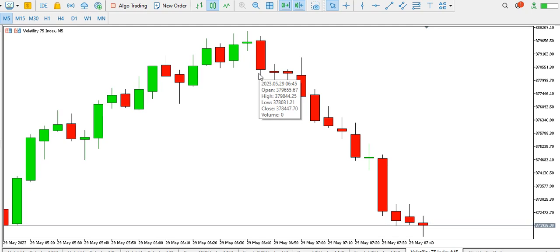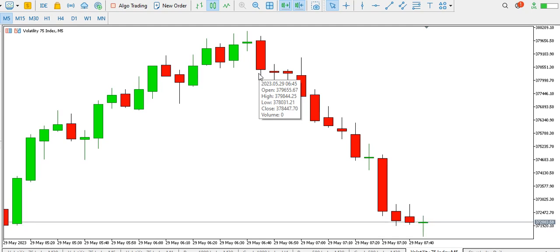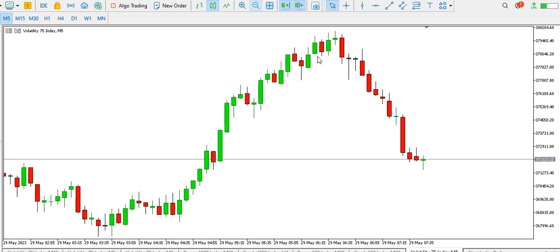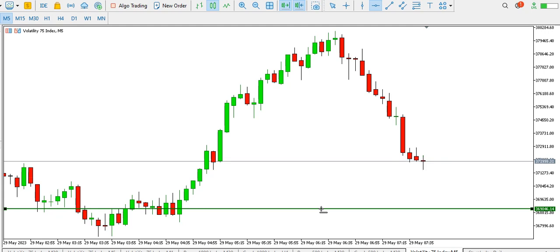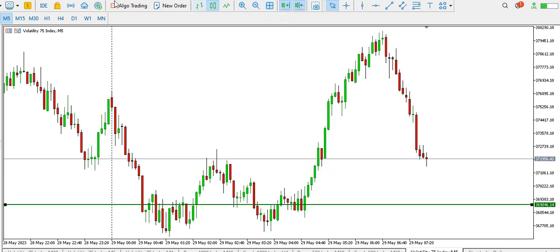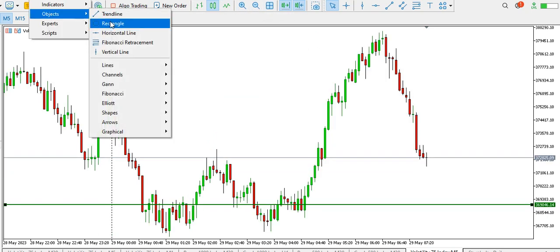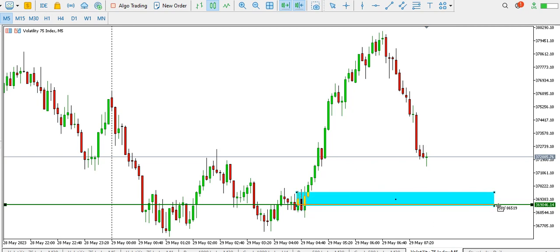You might want to put your sell orders in place and sell downwards towards this particular order block. I'm talking about the 369,000 level. That could be your target if you are selling Volatility 75 index. But you have to be cautious because we have a support area around this level.